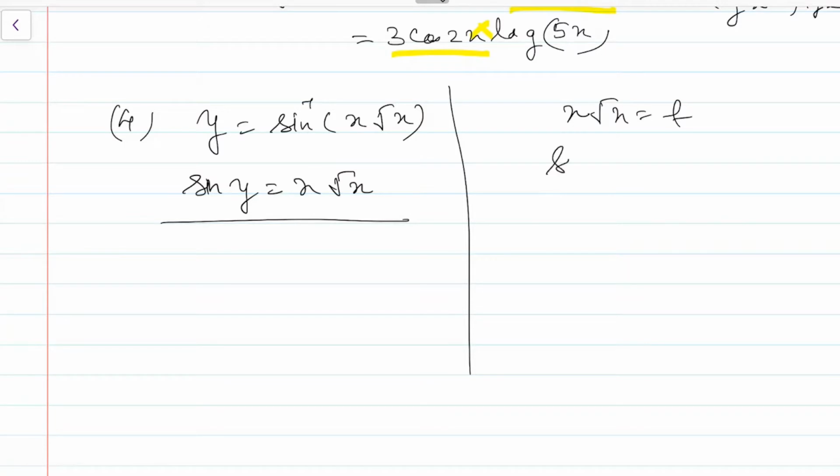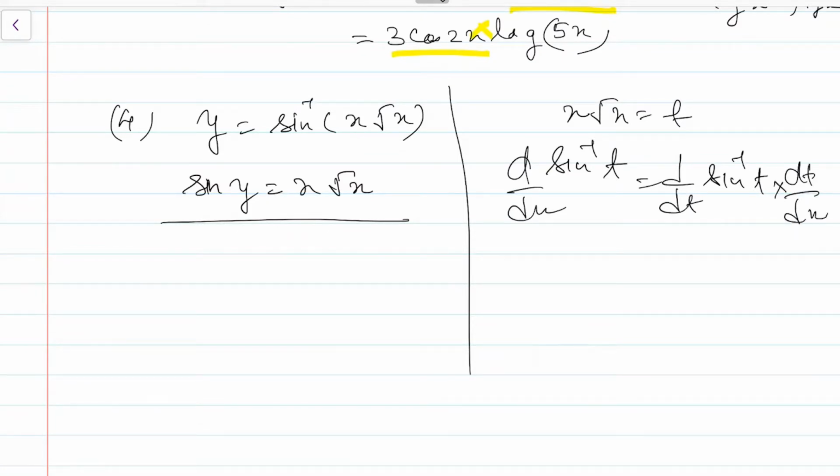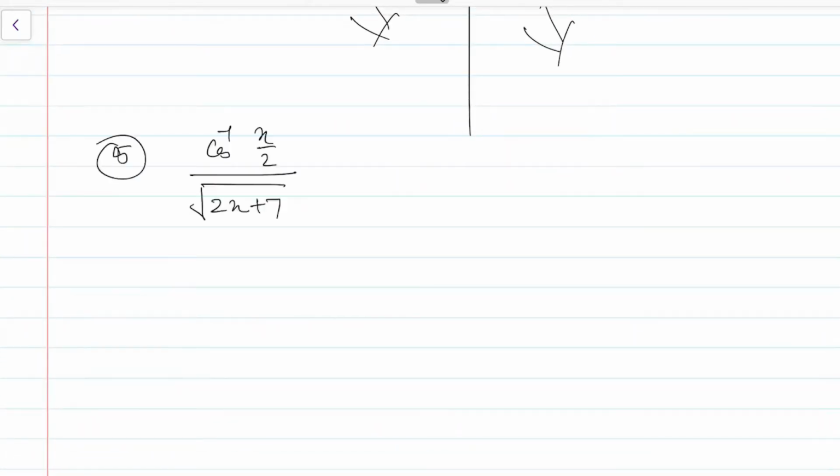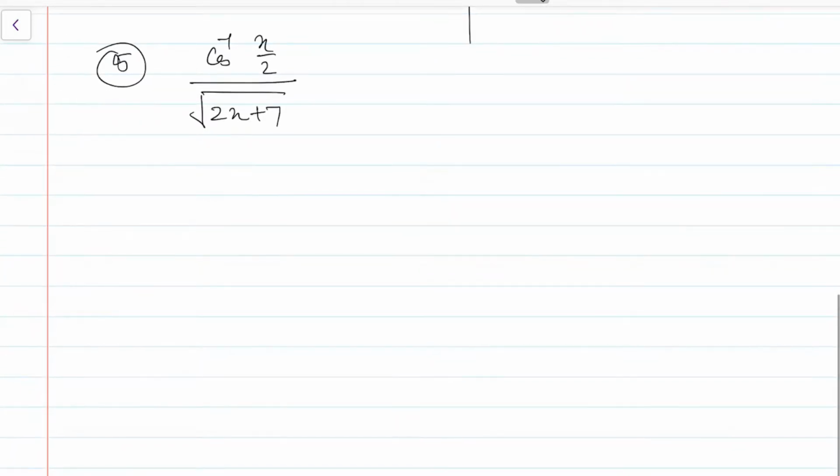So this will become sin inverse t. Find the derivative of this with respect to x. So d over dt of sin inverse t into dt over dx, using the chain rule. So you have got two methods, whichever you like you can use. Now question number 5. Here we can use the quotient rule and then the chain rule. So this can be done easily.